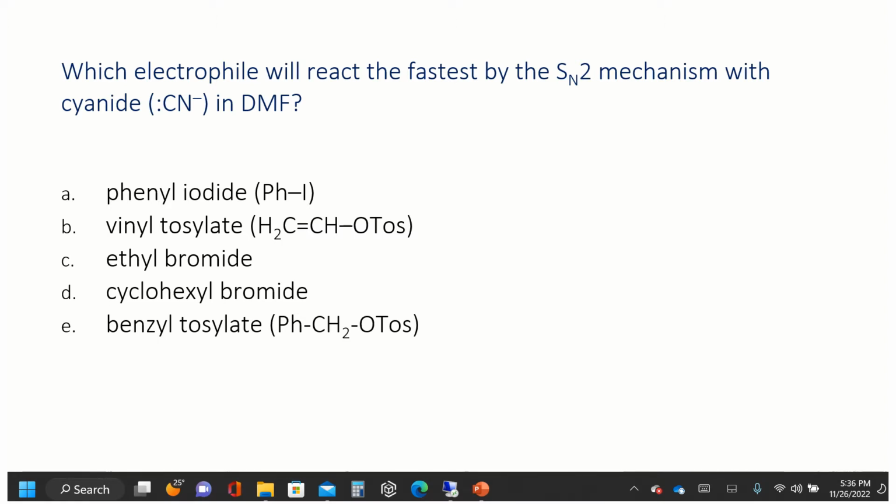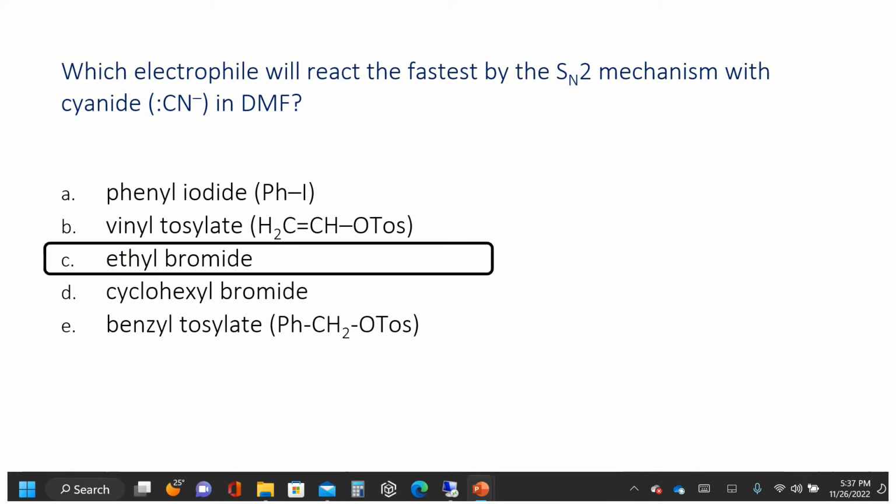And if you notice here, the ethyl bromide is a primary halide versus the cyclohexyl bromide, which is a secondary halide, etc. So this fella here will be the fastest in SN2. Yes, we could have looked at the benzyl tosylate. We'll talk about that later. But the benzene ring, or this phenyl species, is much bulkier.